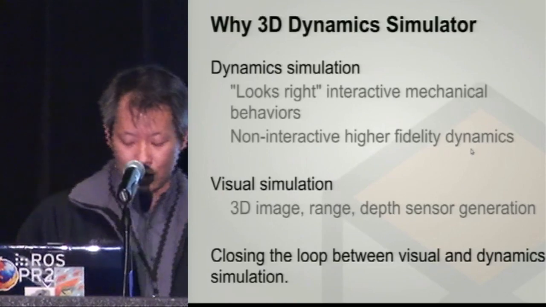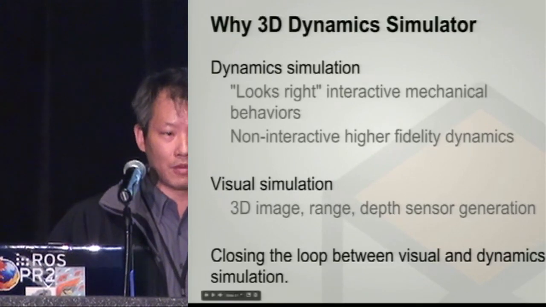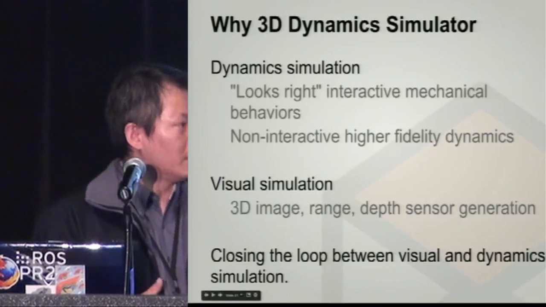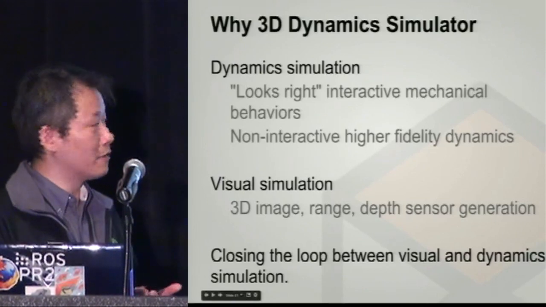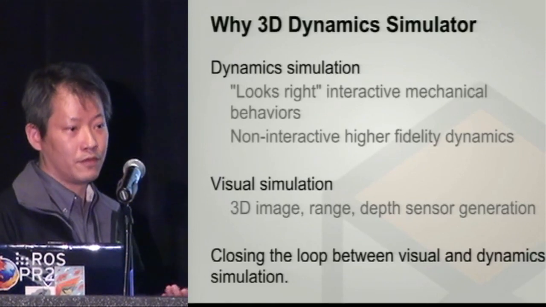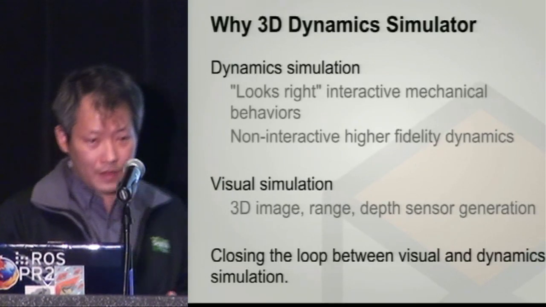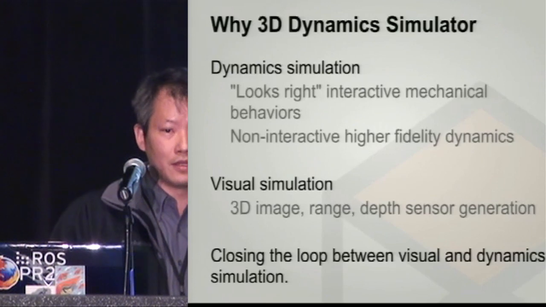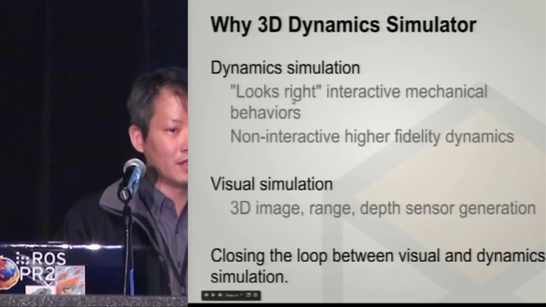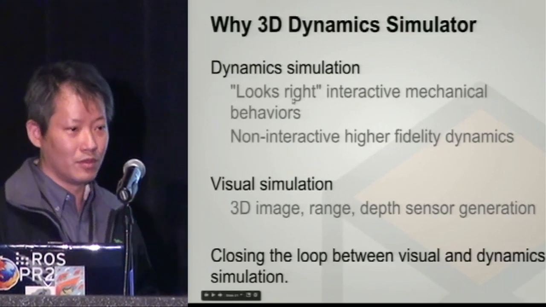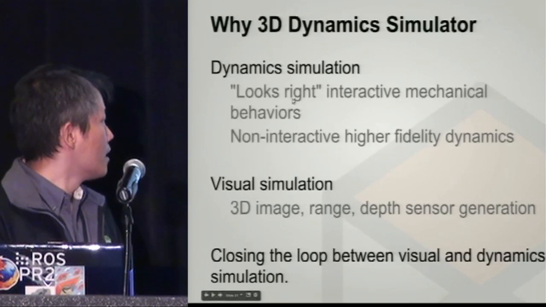Or there's the non-interactive version. If you're not patient, you can crank up the accuracy of the physics solver and let it run overnight for regression testing, for example, or things like Monte Carlo simulations and types of analysis that you wouldn't do looking at the GUI screen.